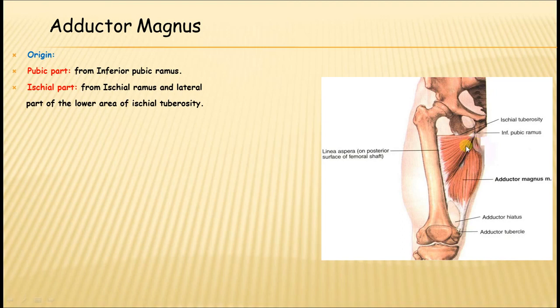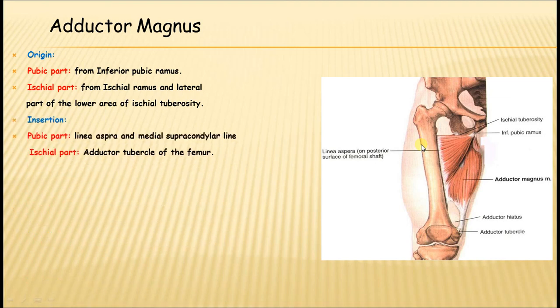From the inferior ramus of pubis the fibers arise, mainly the adductor or the pubic part, and they get inserted into the linea aspera and the medial supracondylar line or ridge.